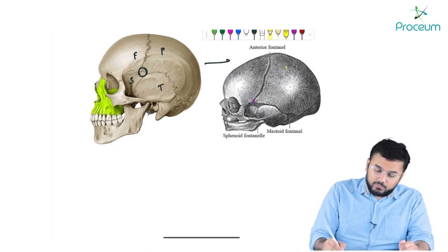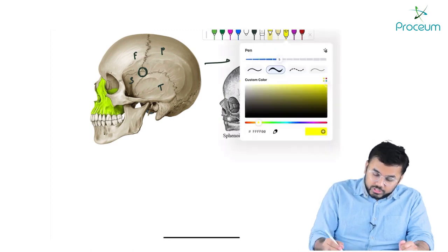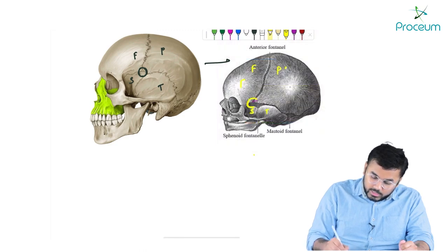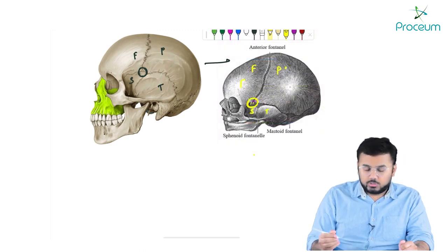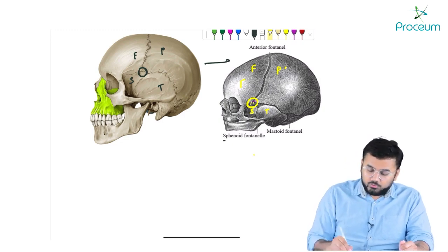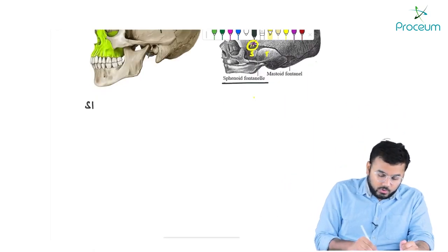In this picture, you can very clearly appreciate this is your frontal bone, parietal bone, this is temporal, and this is sphenoid bone. So at the junction of all these bones, you see a fontanelle here. This fontanelle is called the sphenoid fontanelle. If I write it down like this, sphenoid fontanelle.